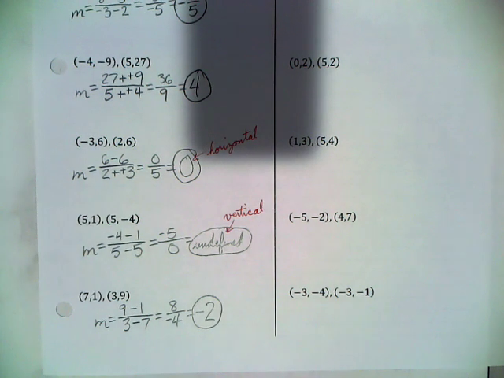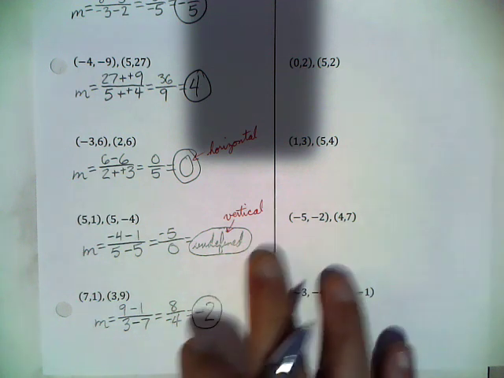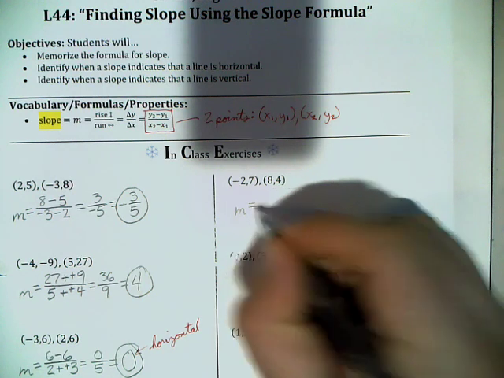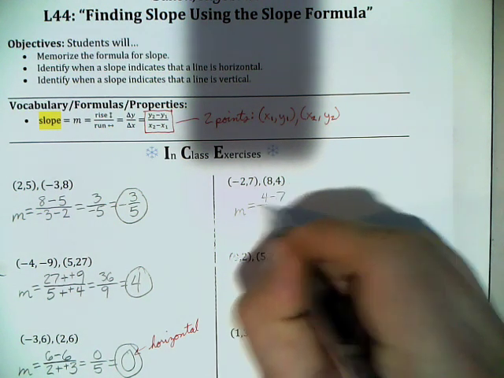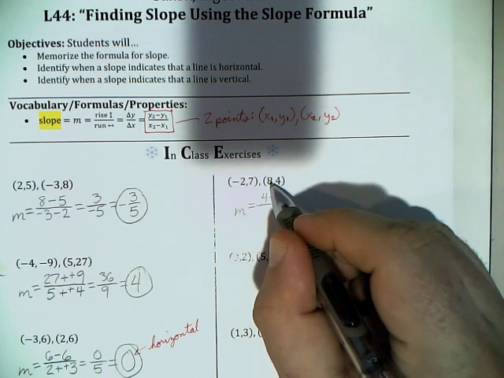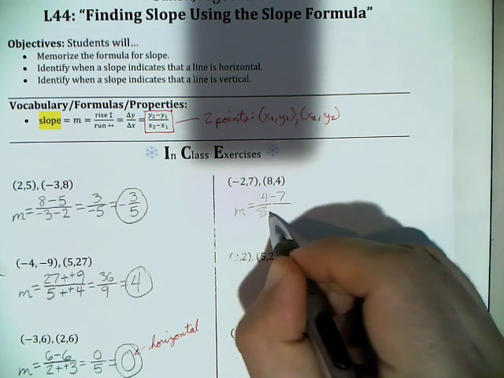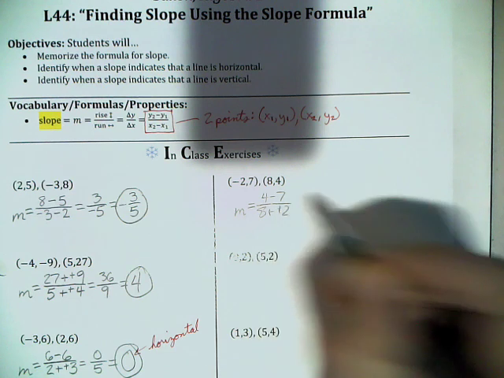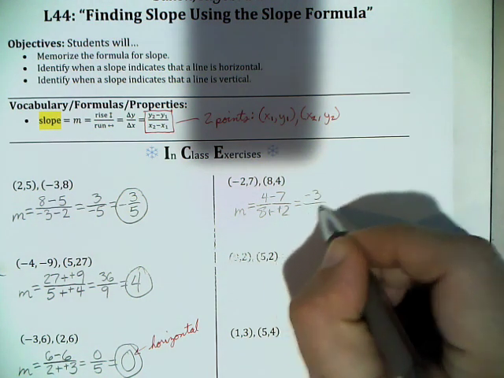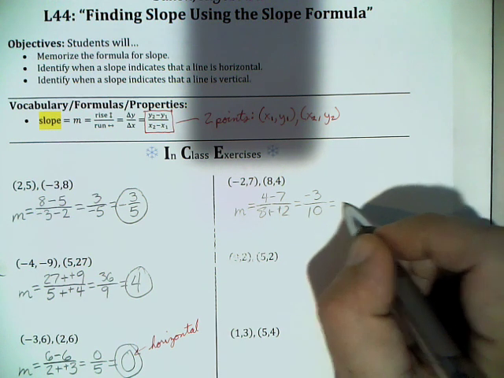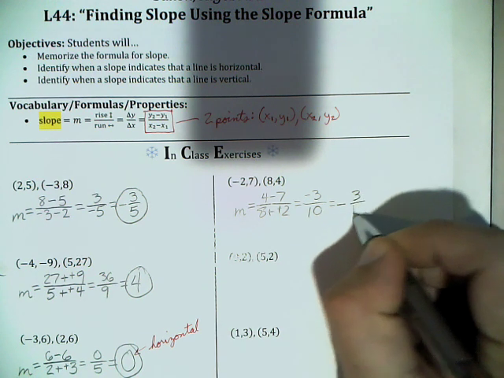So that one's moving downhill. Coming up to the other side then, m equals y sub 2 minus y sub 1, so 4 minus 7, over x sub 2 minus x sub 1, so 8 minus negative 2, which I'm going to change instantly to plus positive. And so we get a negative 3 over 10, which is a negative 3/10.